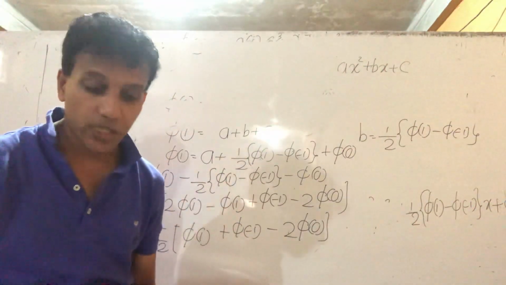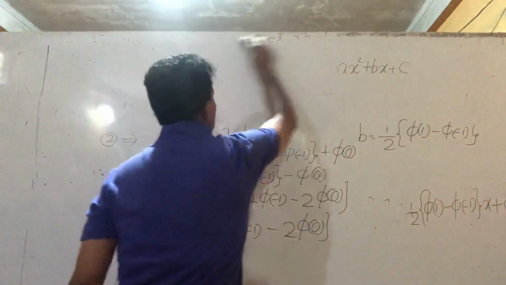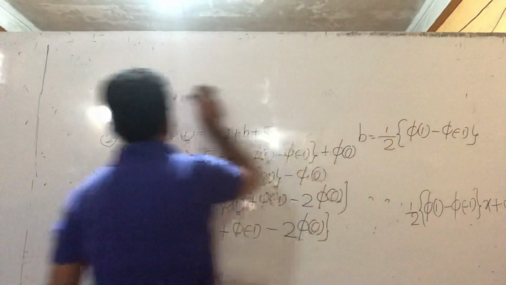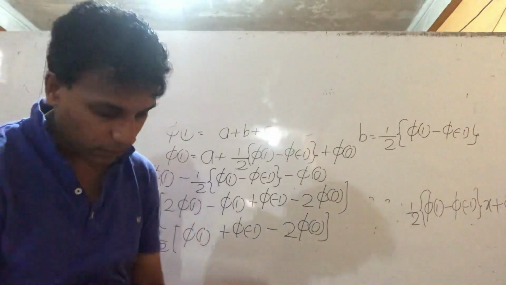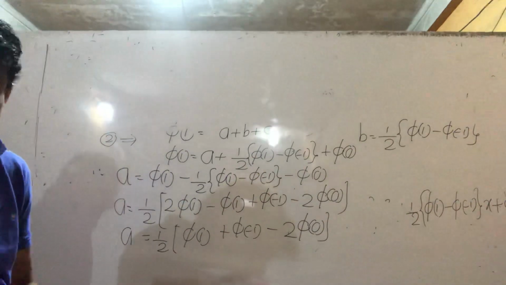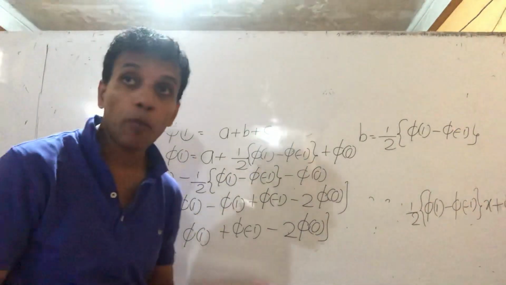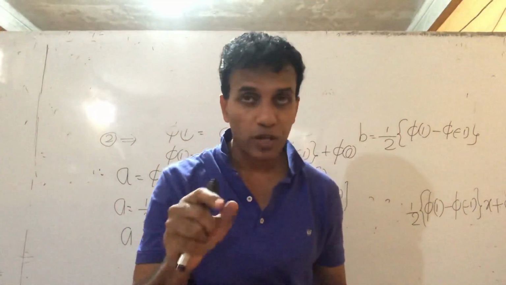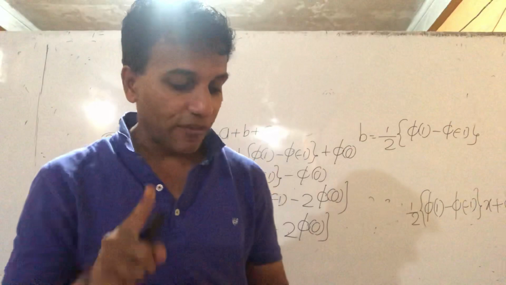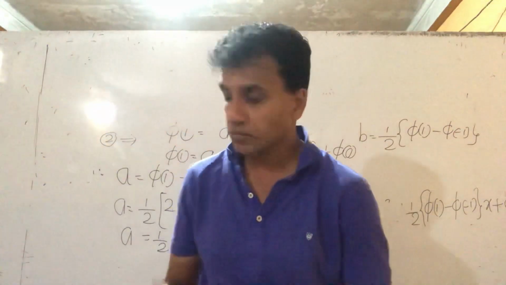See question number 32, problem 32. It is also the same idea type of question. f(x) is a polynomial in x. Those who don't have the TUTE, you can write this question.